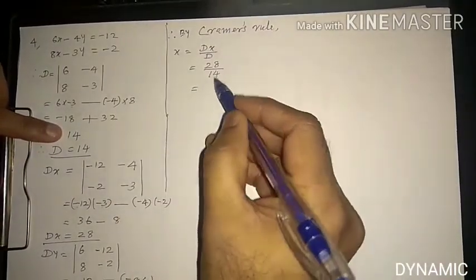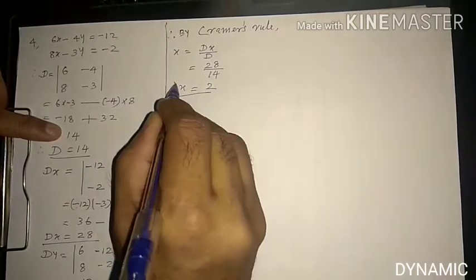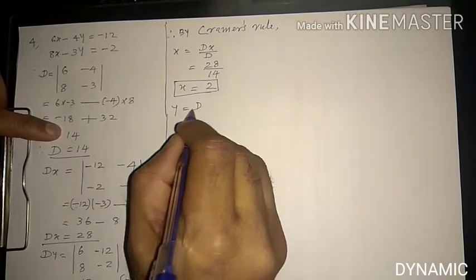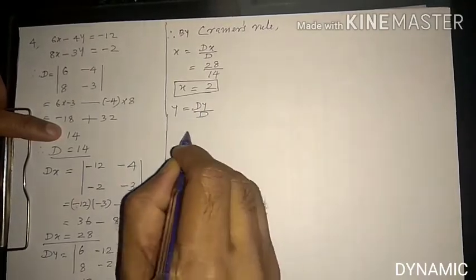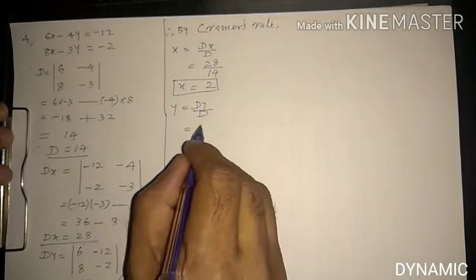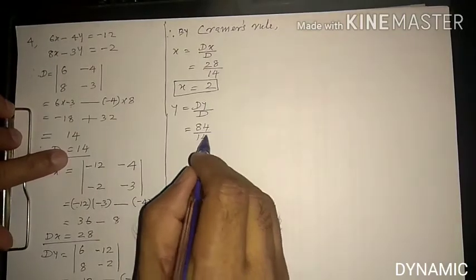We know very clearly 2 14s are 28. X is equal to 2. And y is equal to Dy by D. Dy we have 84, upon D we have 14.